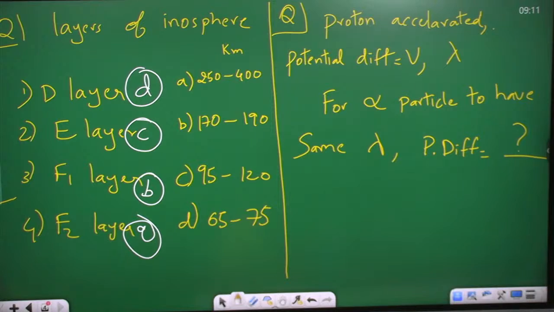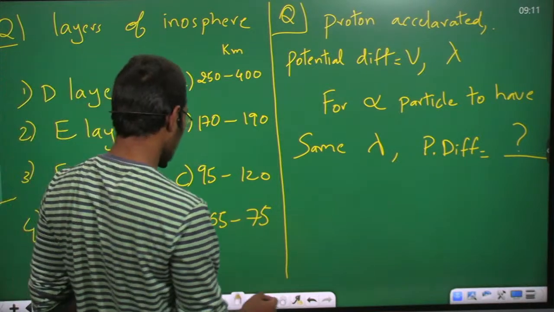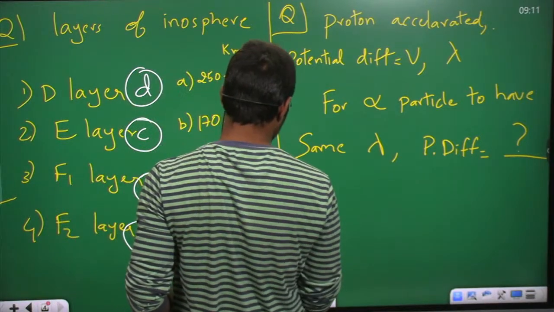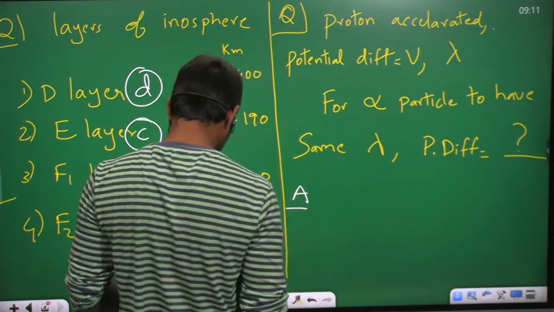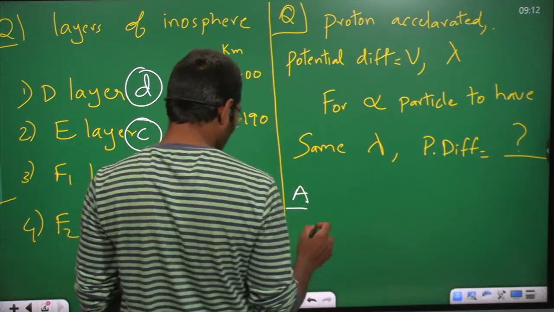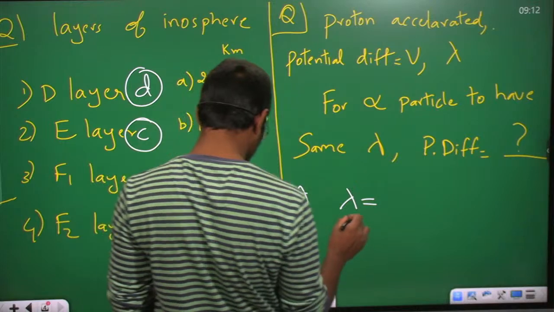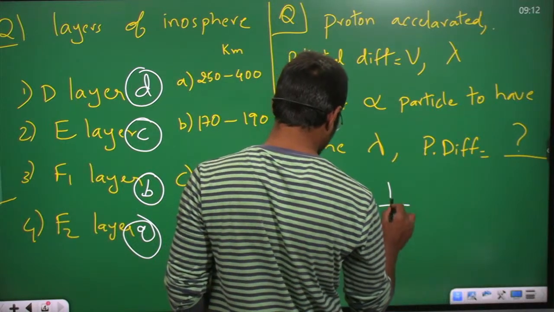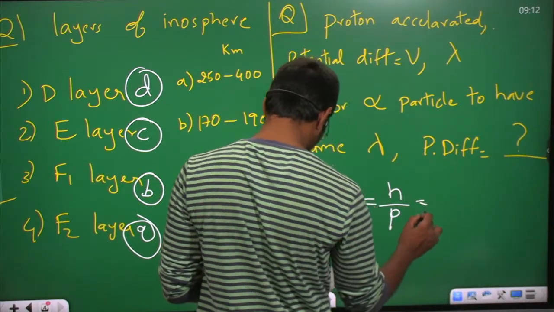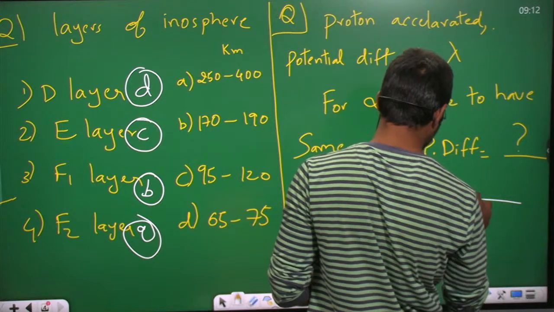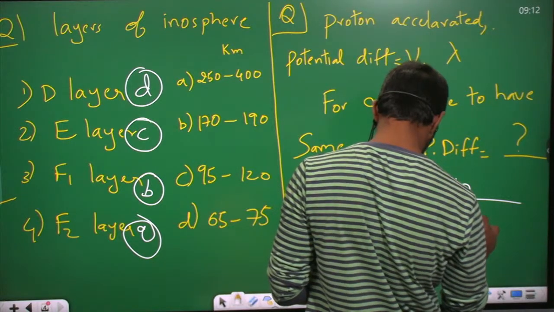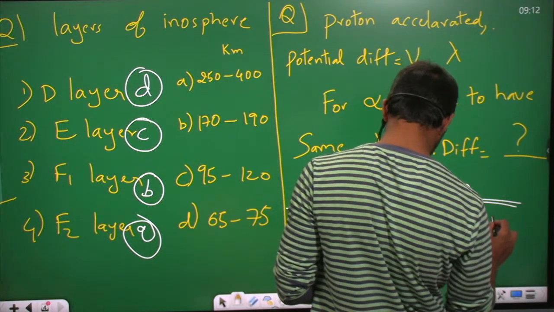Okay, Gautam, come on. Naveen, come on. So, how much do you get? So, lambda is equal to, what is the formula? H by P, right? Which is equal to H by 2mQV.